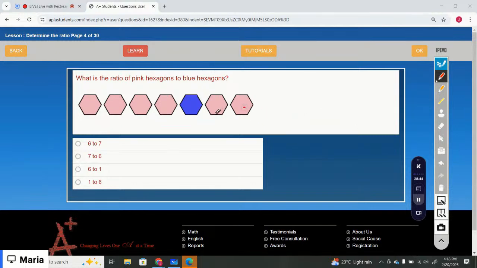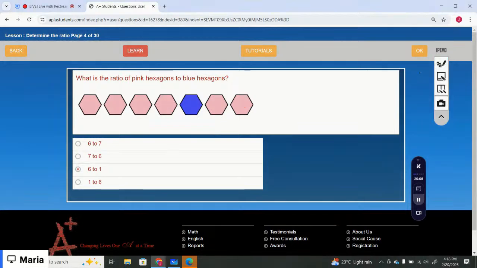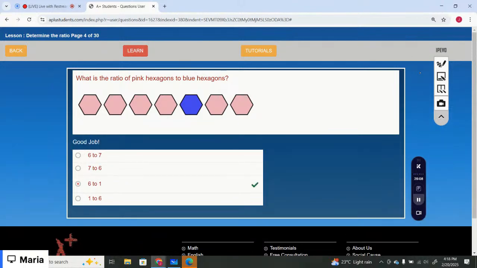You have 1, 2, 3, 4, 5, 6. 6 pink to 1 blue. That is 6 to 1. Option number 3 is the correct option.